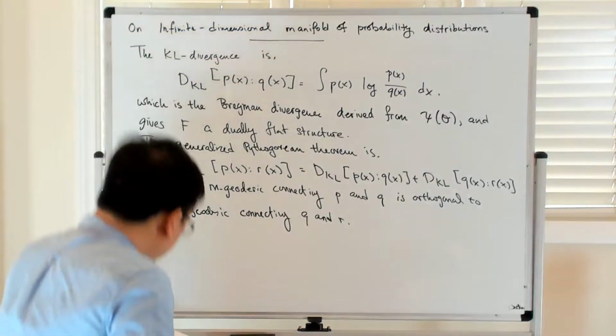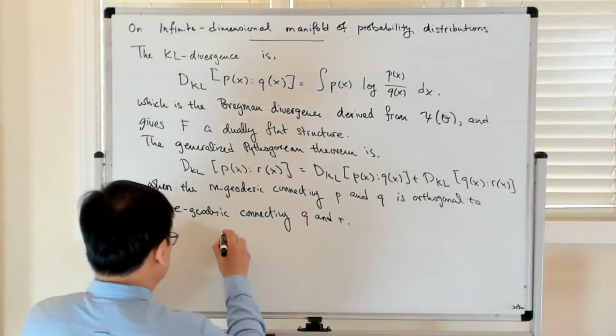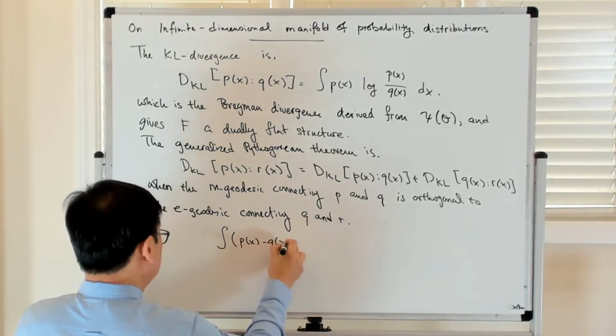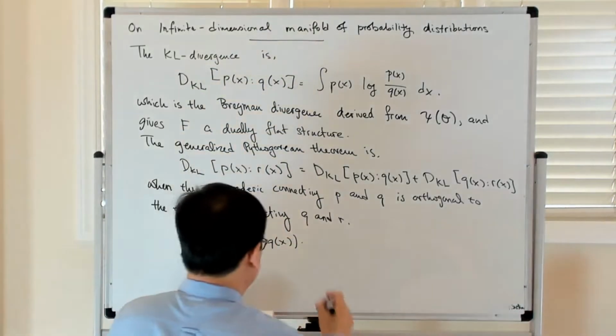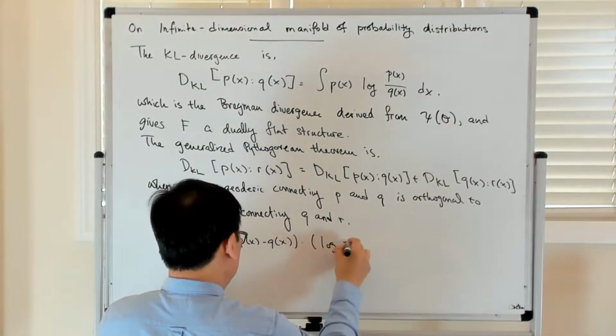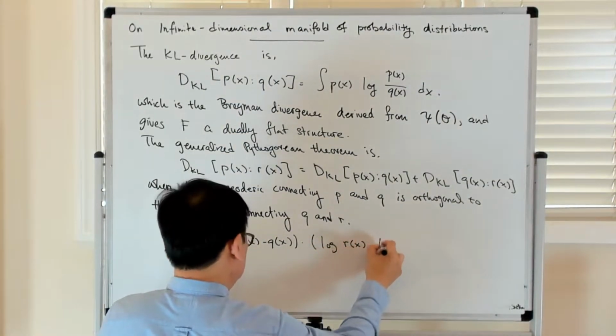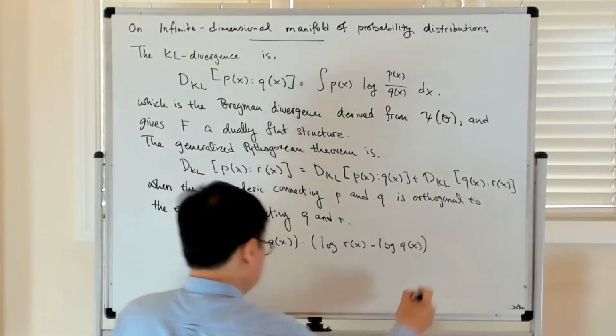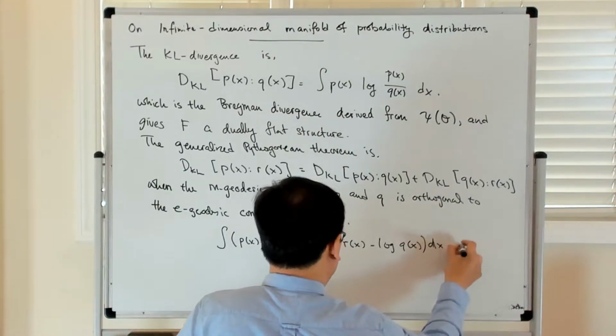Which is to say that the integral of P of x minus Q of x dotted into the log of R of x minus log of Q of x dx equals 0.